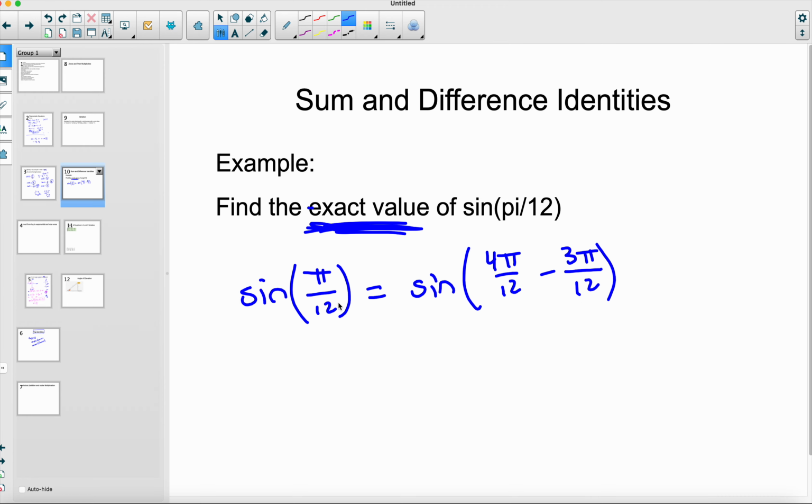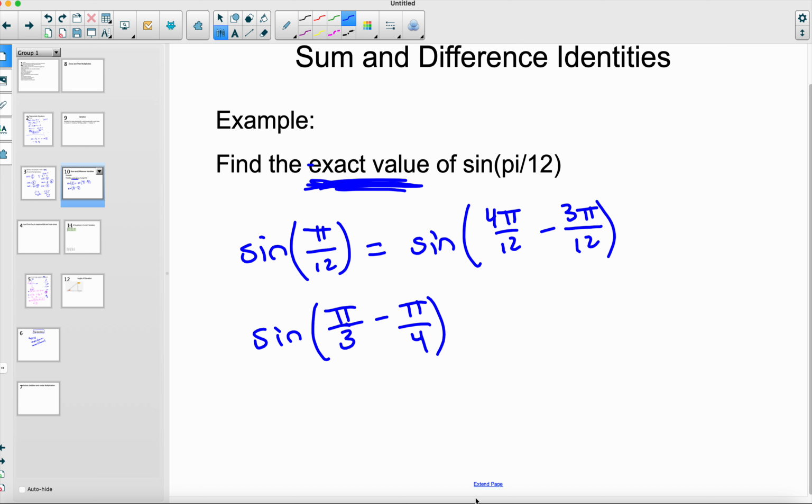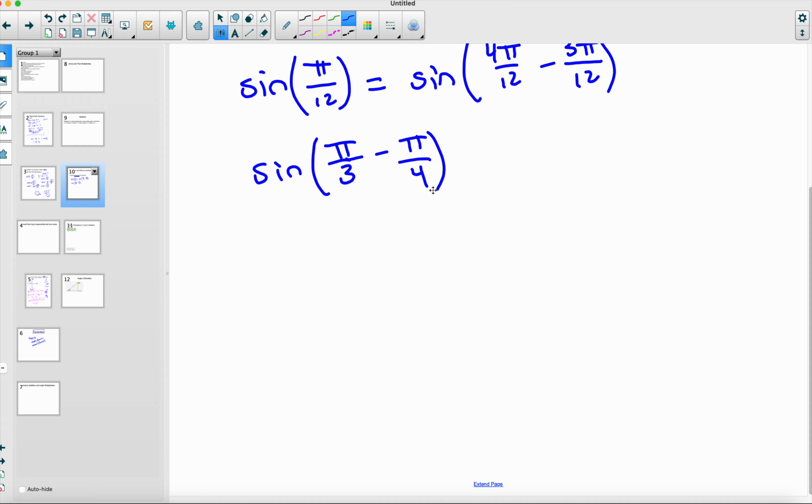I'm not changing the angle, I'm rewriting it. 4 pi over 12 is pi over 3, which is good because that's a unit circle angle, and 3 pi over 12 is pi over 4. So I'm able to rewrite pi over 12 as a difference of two unit circle angles.